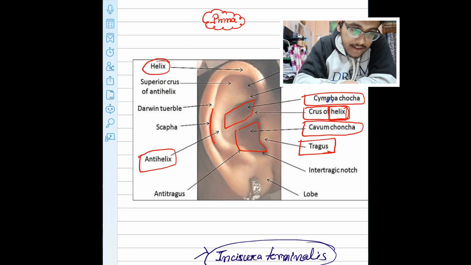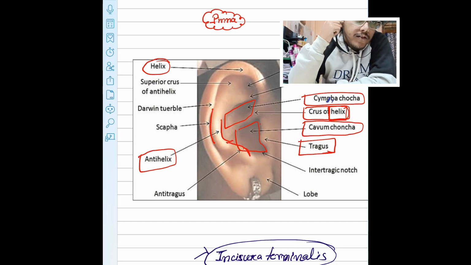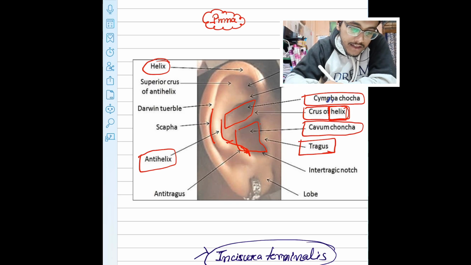Of course, another part is there. When you are seeing the antihelix, at the bottom of the antihelix there is another bulge opposite to our tragus. That bulge is known as the antitragus.